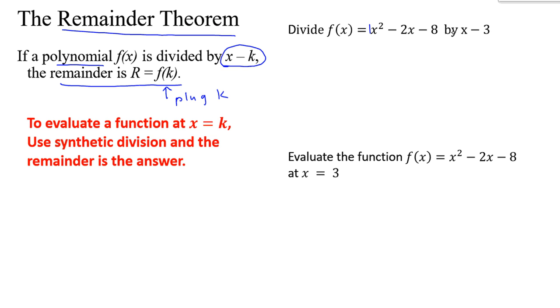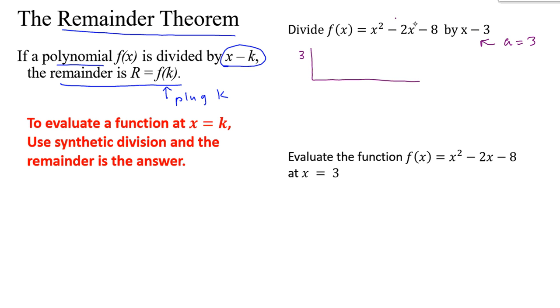So here's an example. I've got x minus 3, and I'm dividing it into that. That's nice since it is linear, right? This is linear with a equals 3. I can use synthetic division. So 3 on the outside. Are there any missing powers?